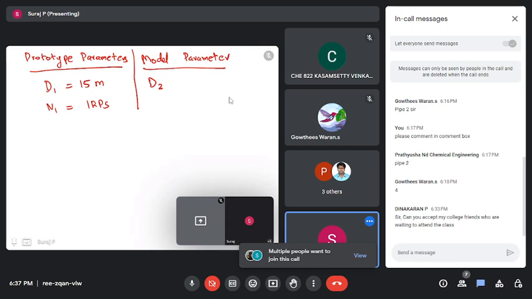So here I am using the Froude number, that is u1 by, so we need to substitute this u in here. So u in this equation.